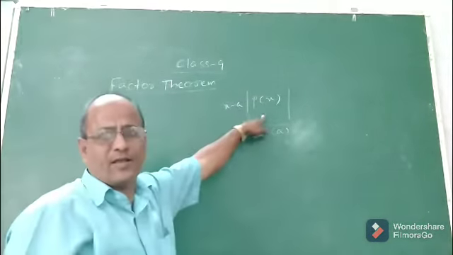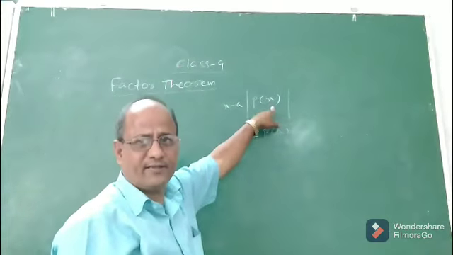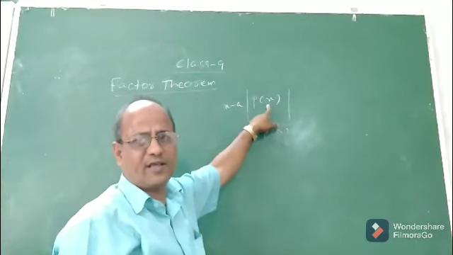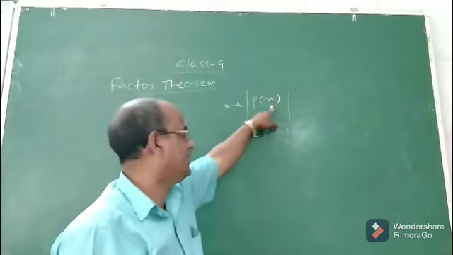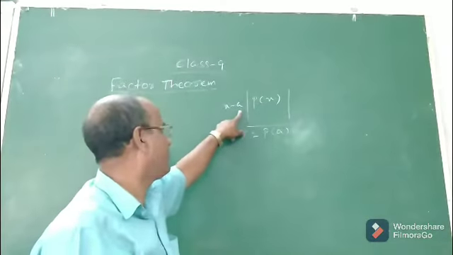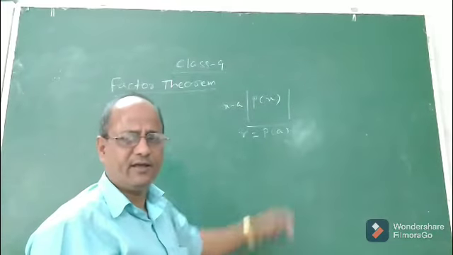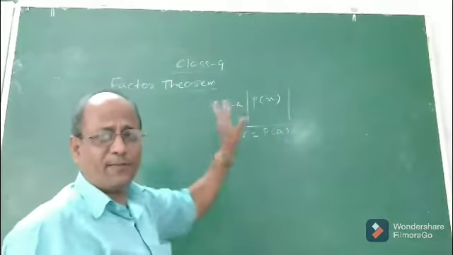This was our point of discussion. If it is divided by x minus a for some real number a, then the remainder will always be p of a. Then what does the factor theorem say?